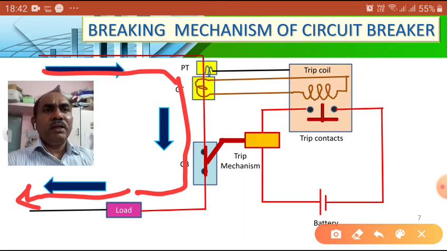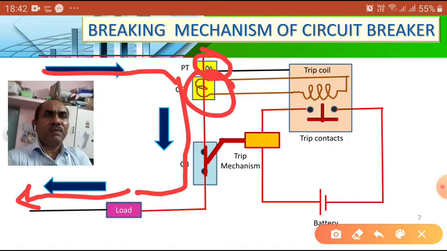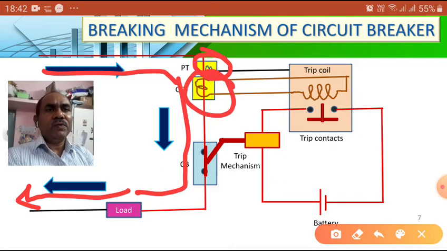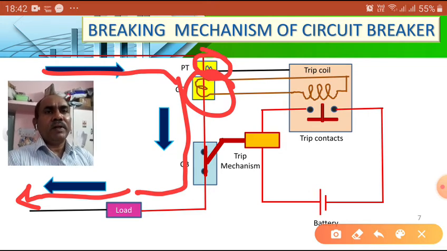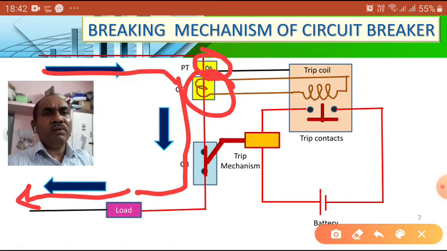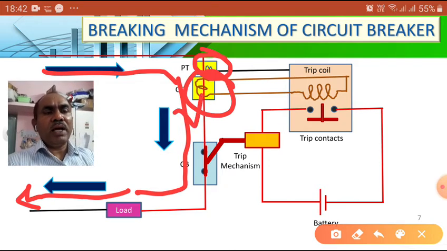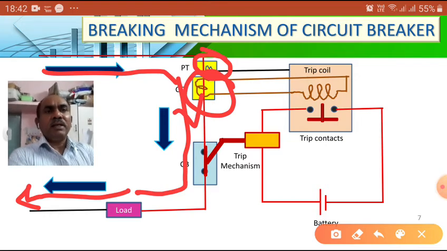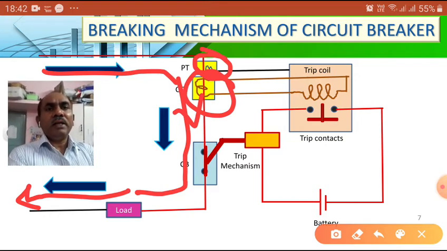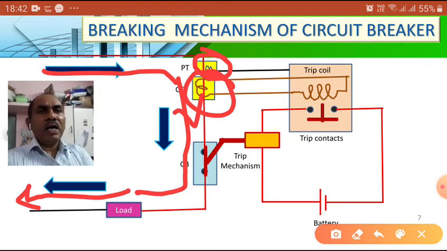During this period, our intelligent fellows, the PT, potential transformer, and the current transformer, both are observing the line continuously, as if with binoculars. Under normal condition, whatever current flows through the line has some electrical characteristics.